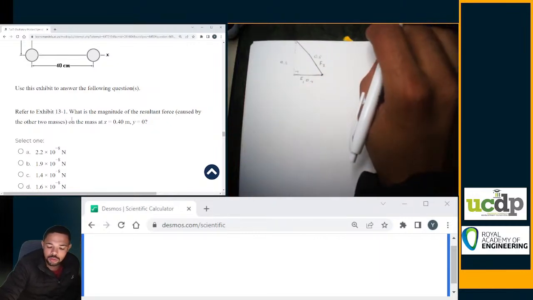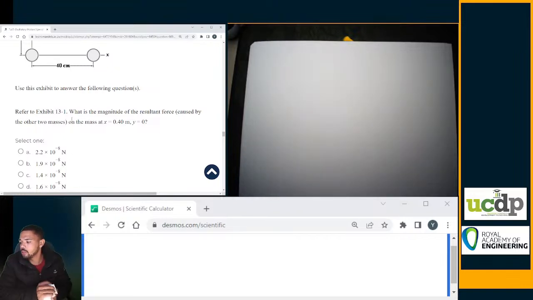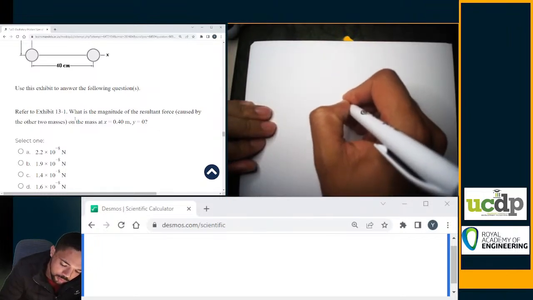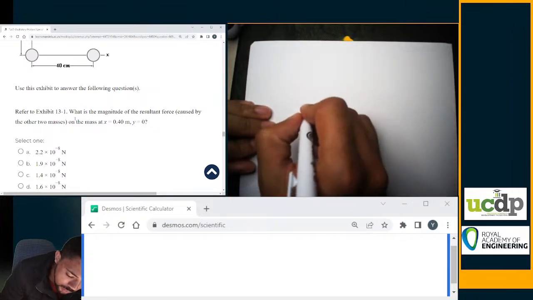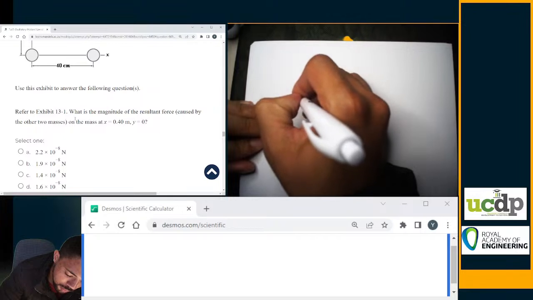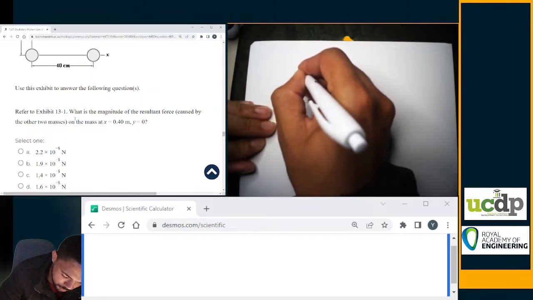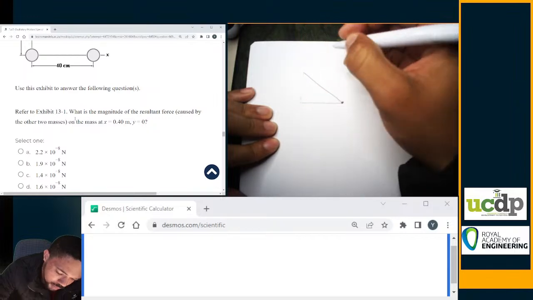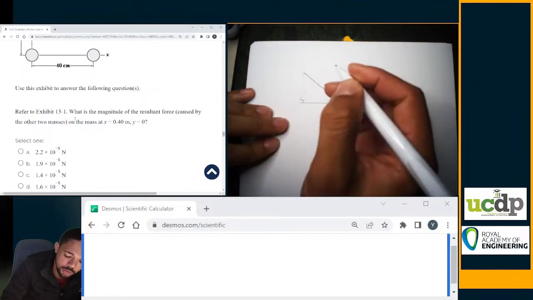Let me redraw the triangle. Okay, so this is more realistic.